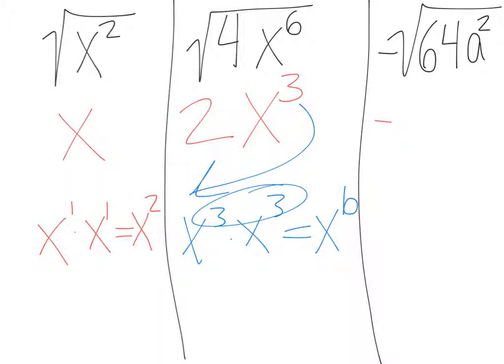So we're just going to bring that negative down. The square root of 64. 64 is again one of those perfect squares. So the square root of 64 is 8. And then the square root of a squared, if we take 2, we cut it in half, it is a to the 1st power, or we can just write a. And that is our final answer.